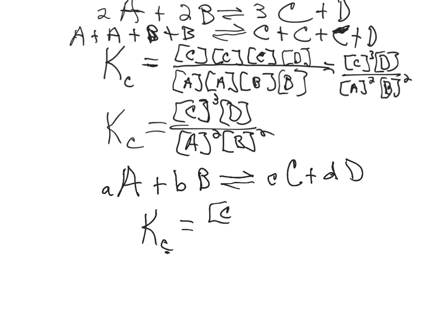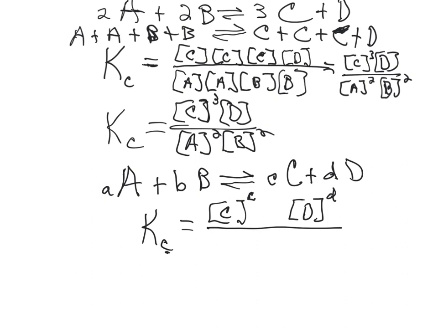I take my product C raised to the c power times my other product raised to its stoichiometric coefficient. I said times, and I saw this here, these are multiplied. Don't put a plus sign there. That's a really common error that people make.